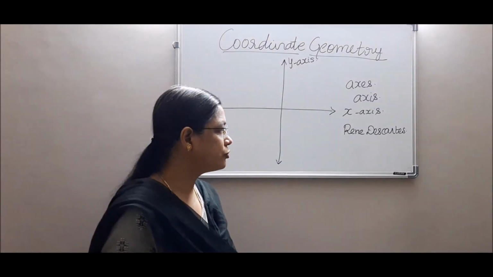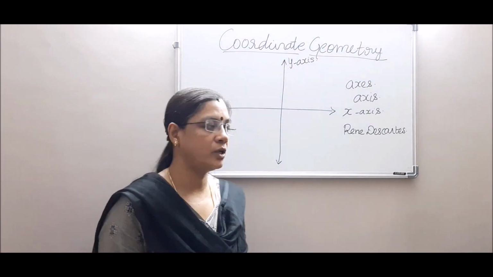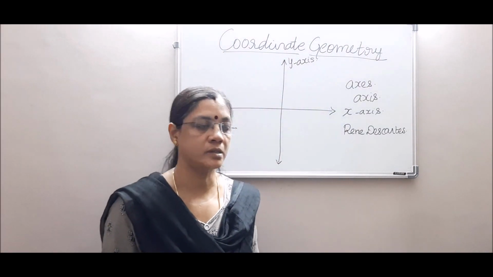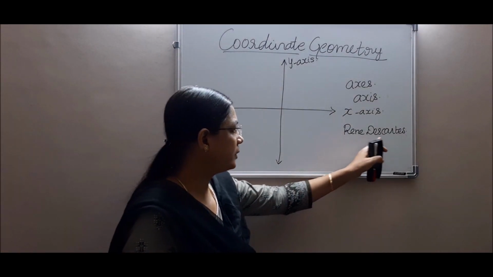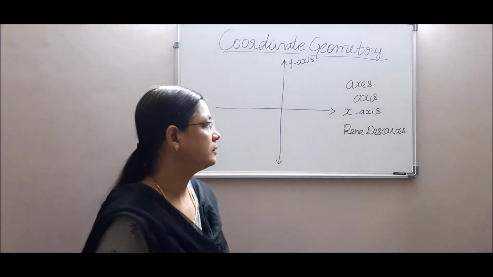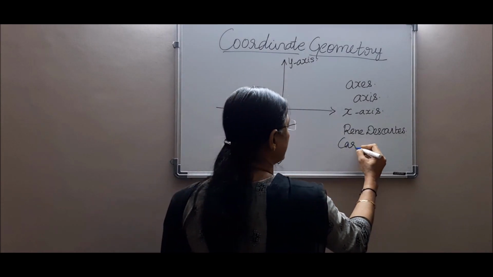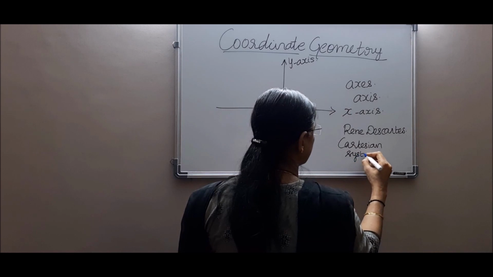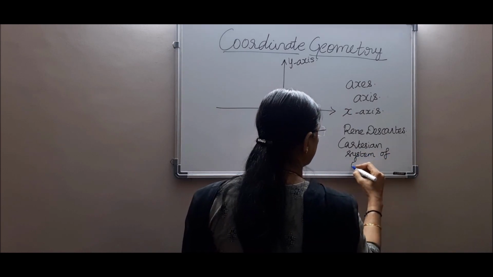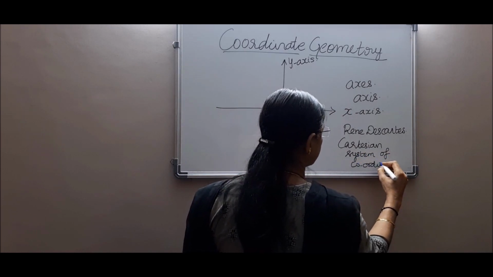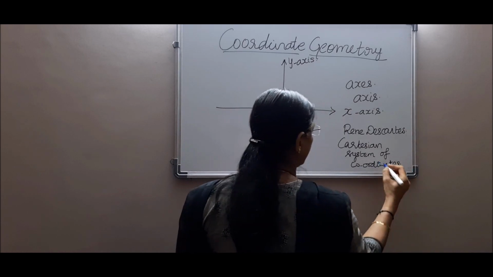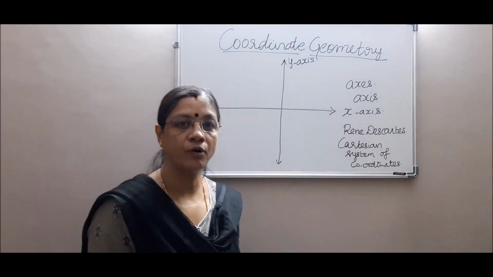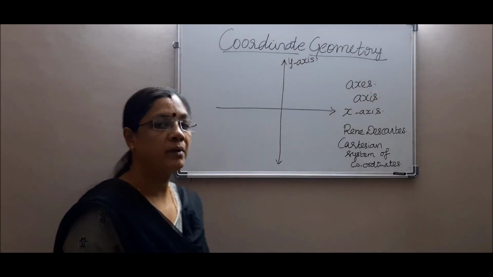So he wanted to solve problems in geometry using this particular system of marking points. After his name, Descartes, this system was called the Cartesian system of coordinates. That is, marking or locating points in a plane is called the Cartesian system of coordinates. So what do we mean by coordinates?